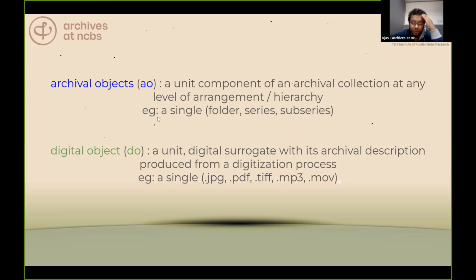For example, a single folder, a series, a subseries, or a collection is an archival object. A digital object is a unit surrogate with its archival description, produced from a digitization process. For example, a single JPEG, PDF, TIFF, MP3, or MOV is a single digital object.